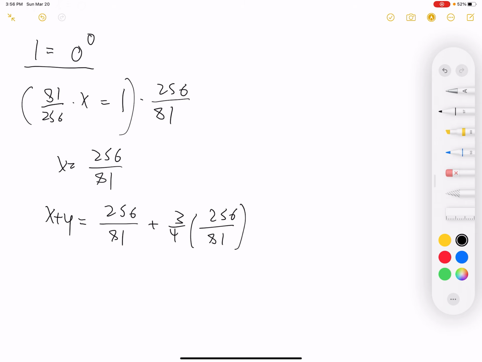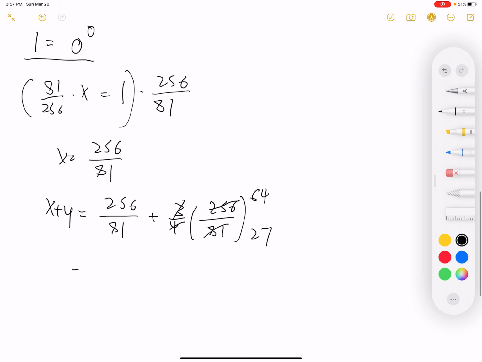And now 256 and 4 can cancel out to become 64, because 256 divided by 4 is 64, and 3 and 81 can cancel out to become 27. So we have 256 over 81 plus 64 over 27.